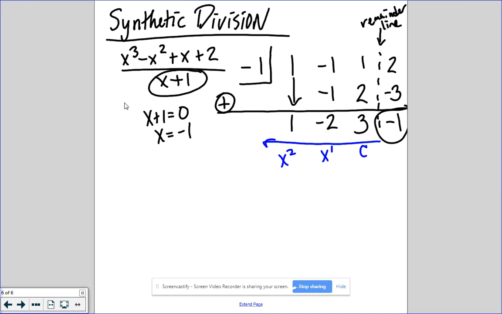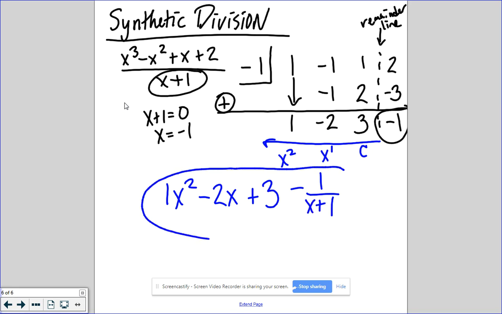So what's my answer? 1x squared minus 2x plus 3, and the remainder, minus 1 over x plus 1. That's the exact same answer we just got by doing long division, and this is extremely faster.